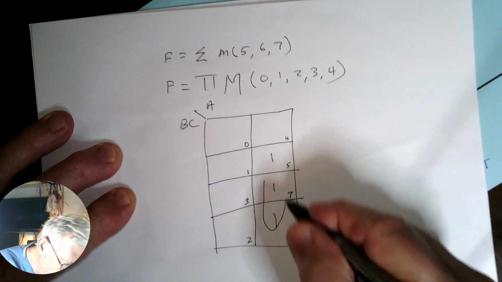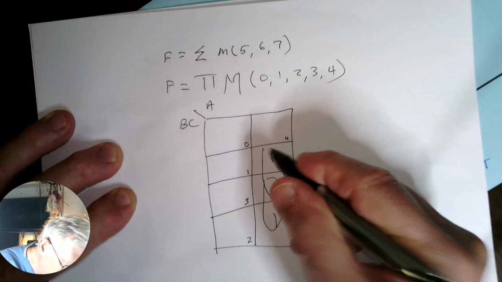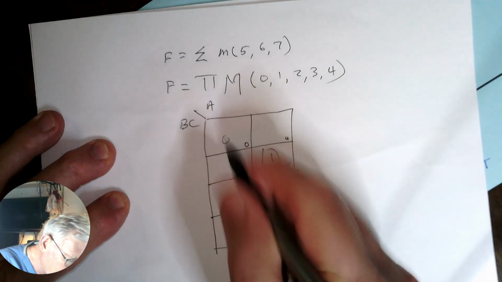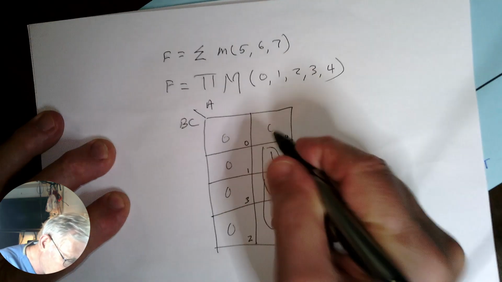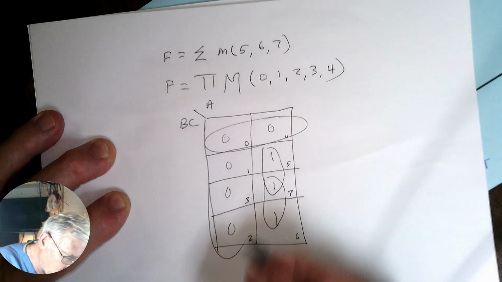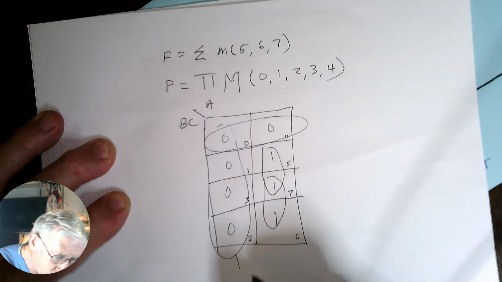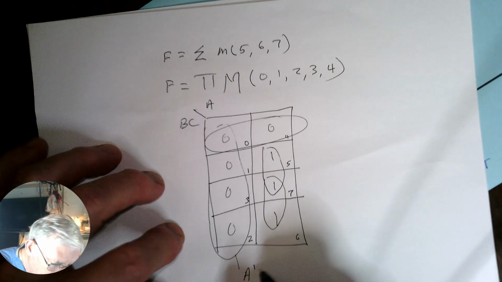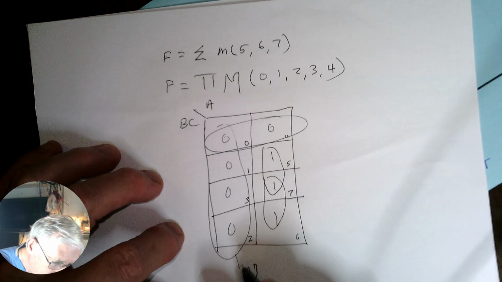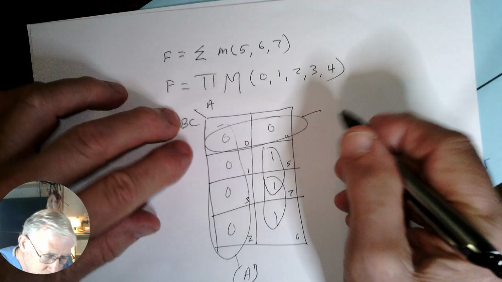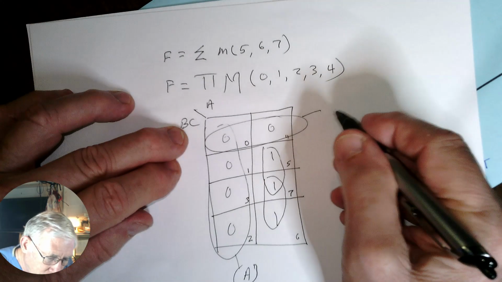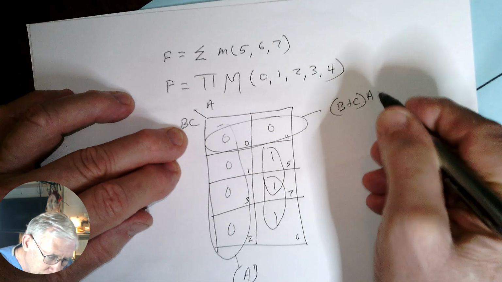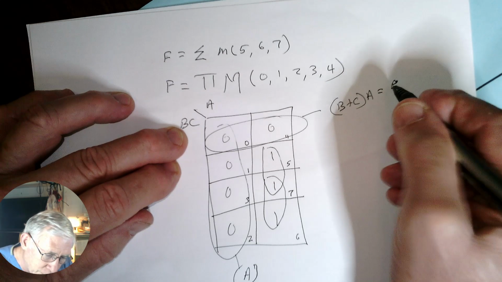So that gives you one group of 2 here and one group of 2 here. What about the zeros? The zeros are a little nicer. You have five 0s, so you group those 2 and that group of 4. This group of 4 is going to be A prime, but you have to invert it because it's actually a 0, so it's just going to be A. And this group of 2 would be B prime C prime, but you invert that, it's B plus C. So that times A equals the max term, or POS.